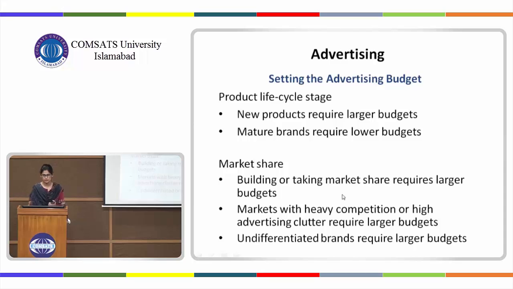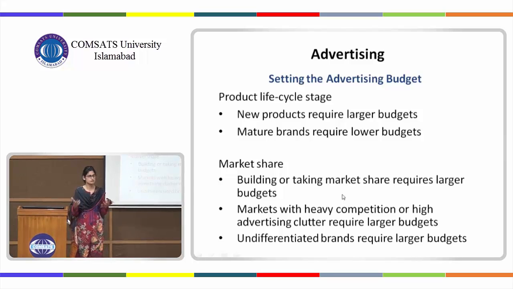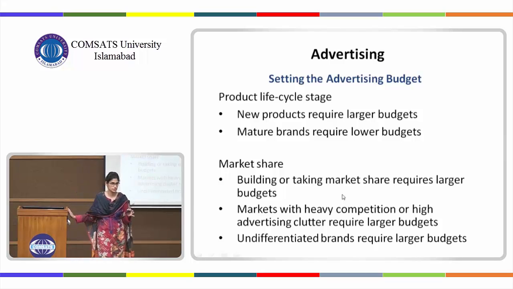The markets with heavy competition or high advertising clutter require larger budgets, right? So as evident, if there's a lot of competition in the market, you need to allocate a significant budget so as to deal with the competition that is there. So you need to keep in mind your competitor outlays, and then you need to make sure that you allocate the budget accordingly.